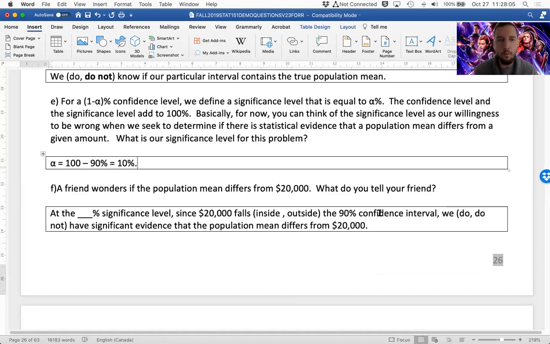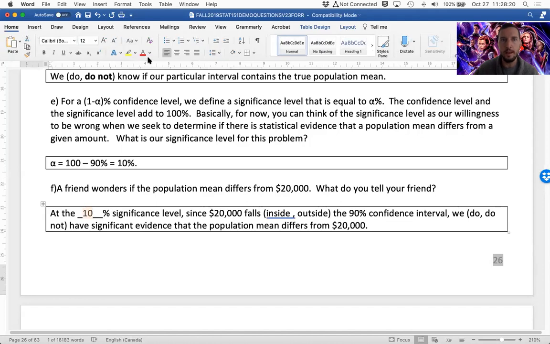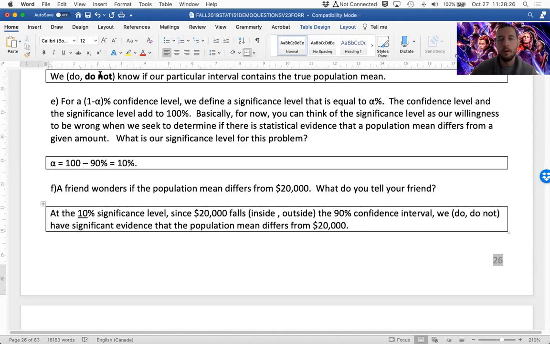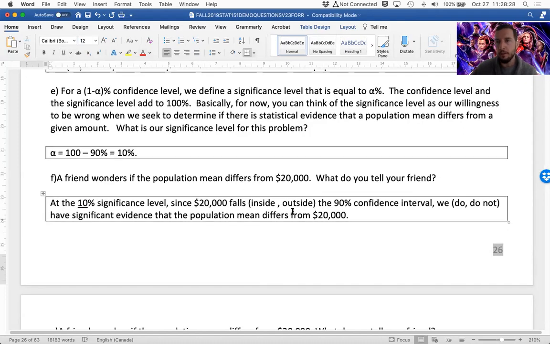Okay, a friend wonders if the population mean differs from 20,000. What can we tell her based off of the interval? We can say that at the 10% significance level, because that's the significance level that we worked at in this problem, since $20,000 falls inside the 90% interval.